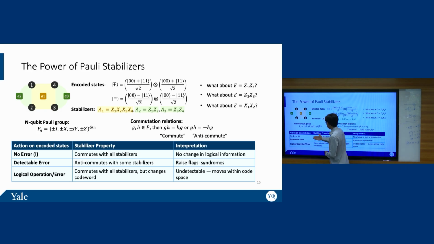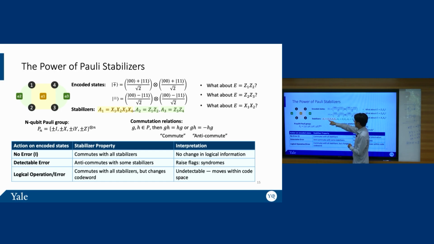There's another set of Pauli operations. For example, let's say Z on the first qubit, as we saw, is one of the detectable errors. And it's detectable because it will be flagged by one of our stabilizers, namely A1. I know that it will be flagged by A1 because Z1 anti-commutes with my stabilizer A1.